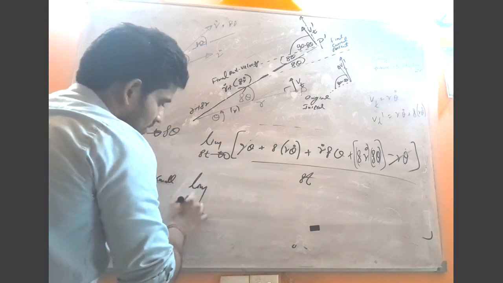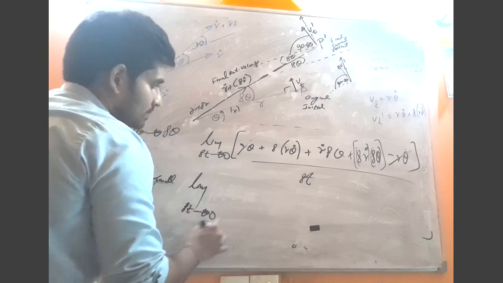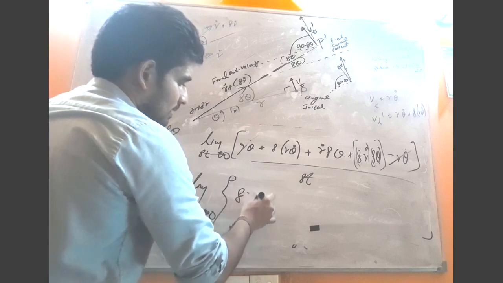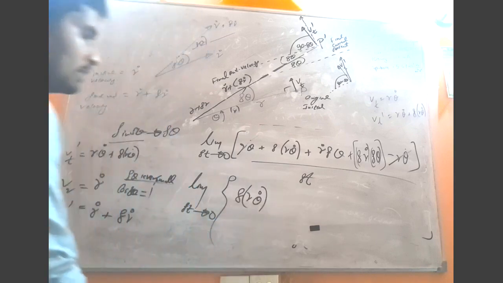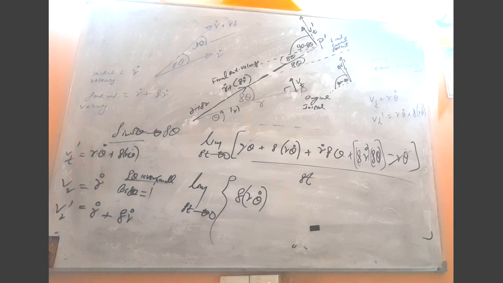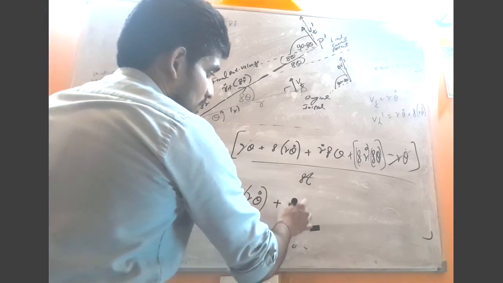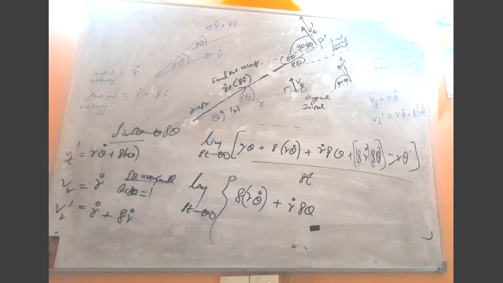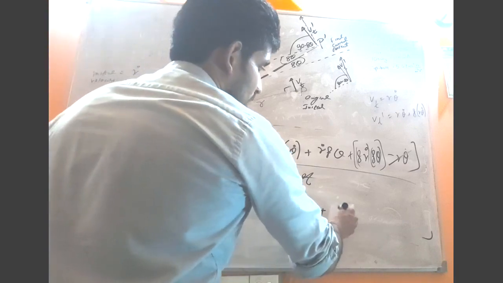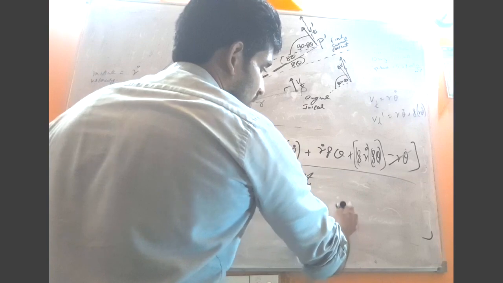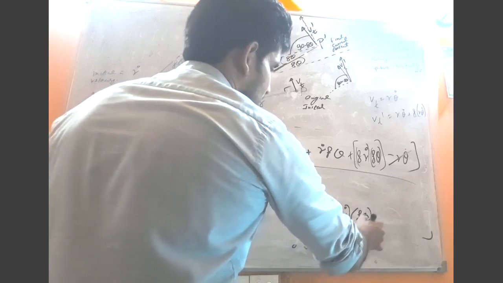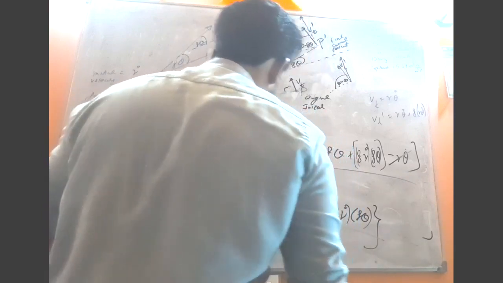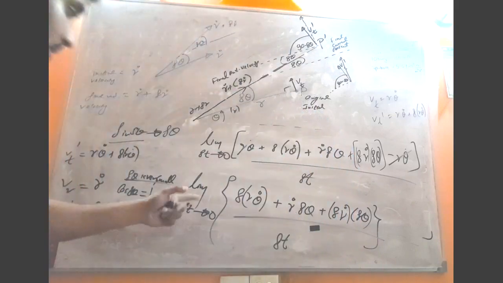Limit delta t goes to 0, we will be getting delta r theta dot, right, plus r dot times delta theta and delta r dot times delta theta divided by delta t. Be very careful to put limit delta t tends to 0.